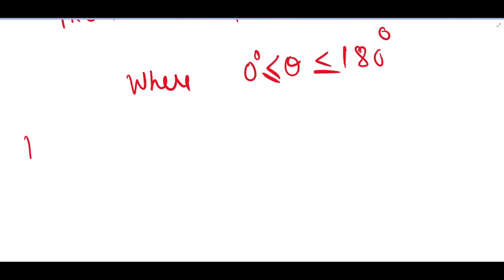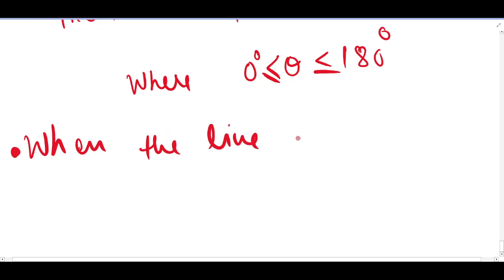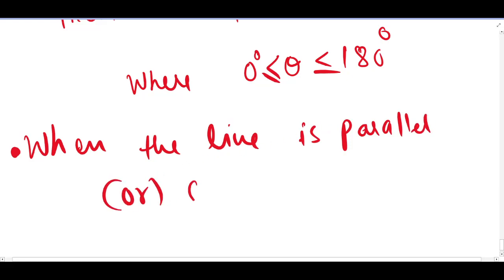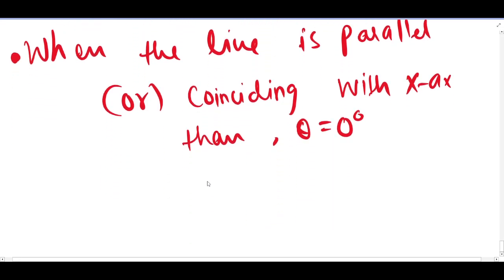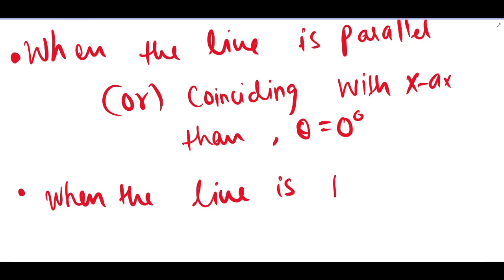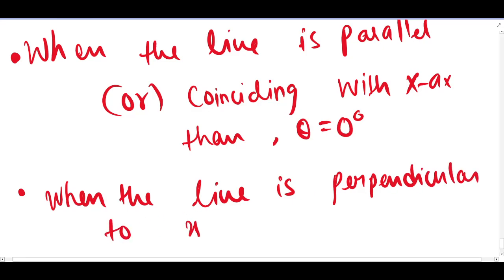So when the line is parallel or coinciding with the x-axis, then we have theta equal to 0, and when the line is perpendicular to the x-axis, then theta is 90 degrees.